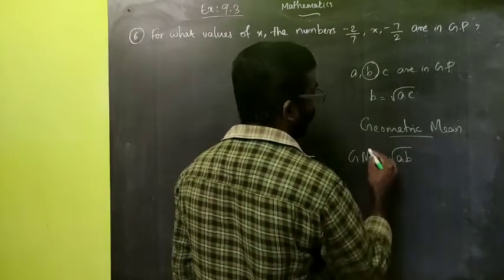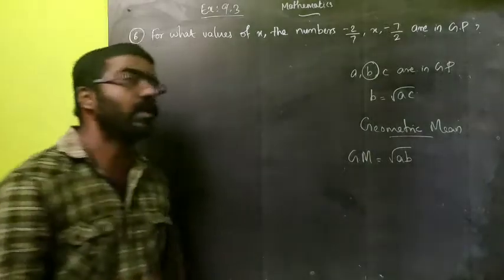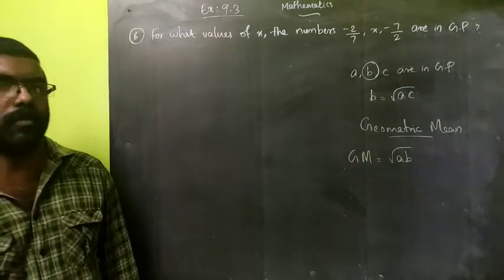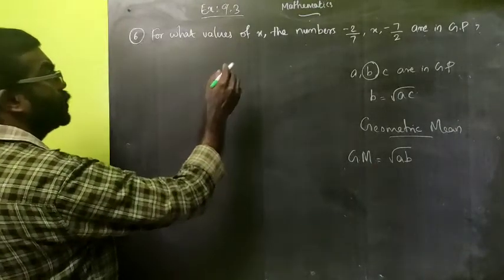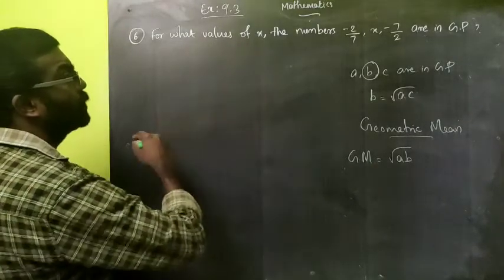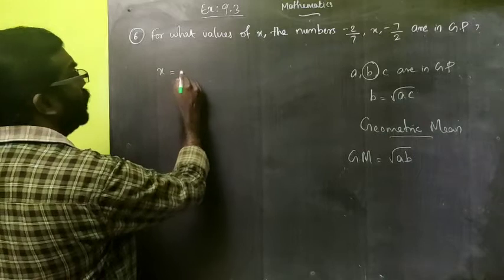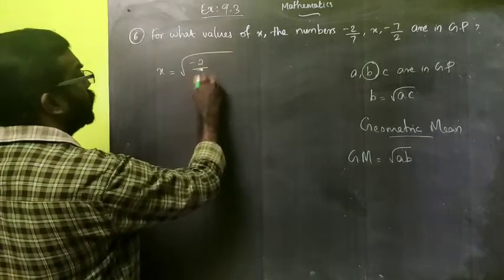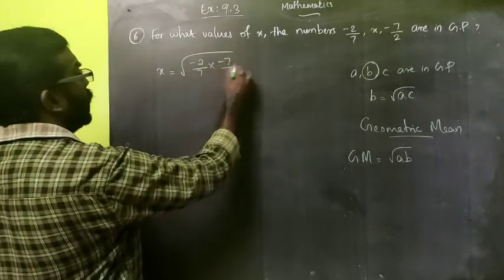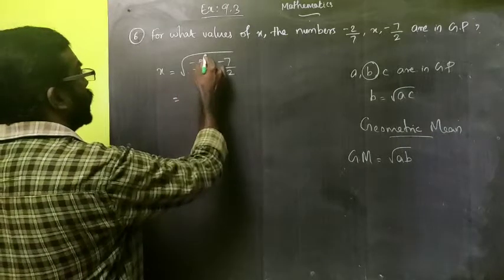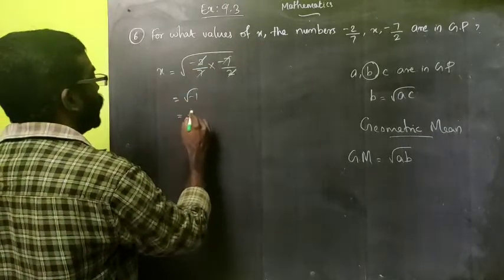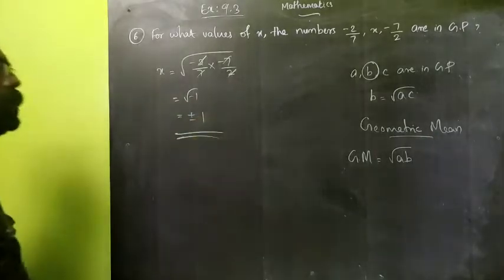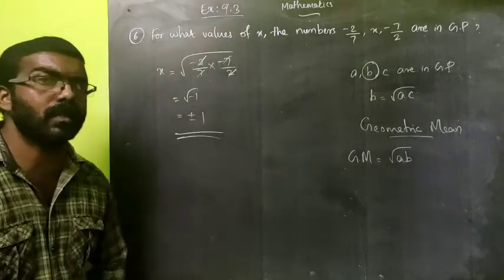We can easily find the answer. Here x will be equal to root of minus 2 by 7 into minus 7 by 2. All values get cancelled. Minus into minus is plus, root 1, which gives plus or minus 1. So the value of x is plus or minus 1.